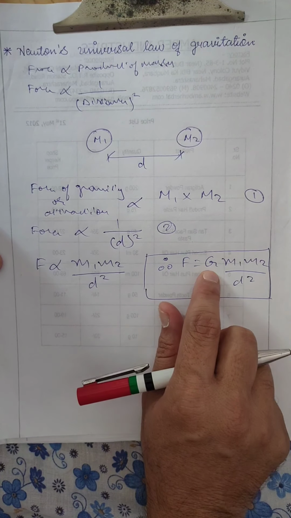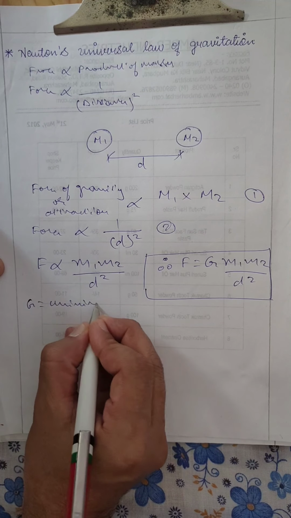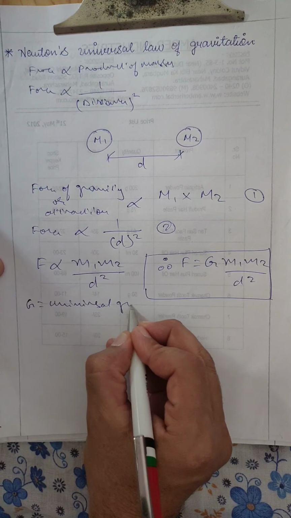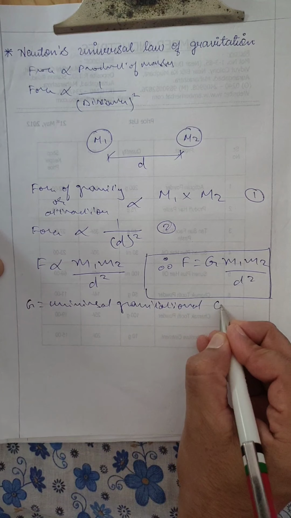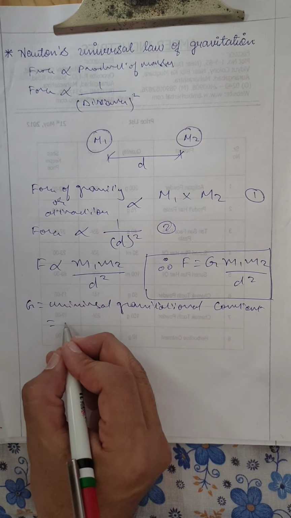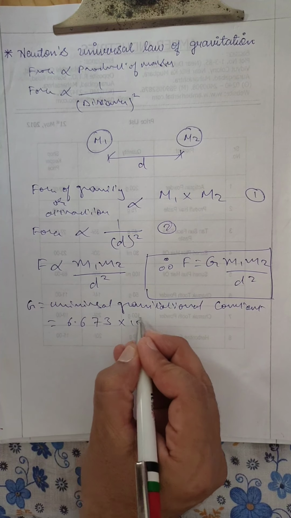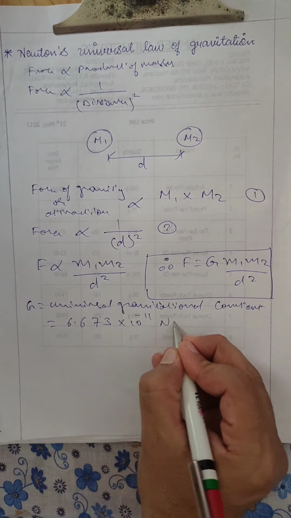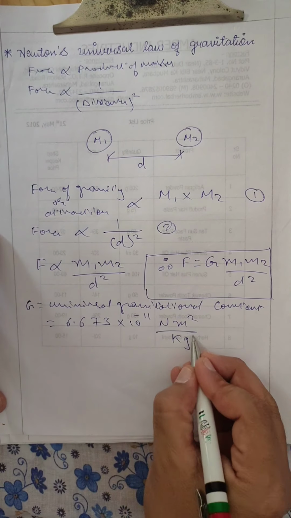Here G is a constant and it is called the universal gravitational constant. Its value is 6.673 into 10 to the power minus 11 Newton meter square per kg square.